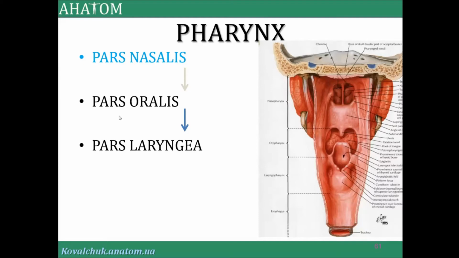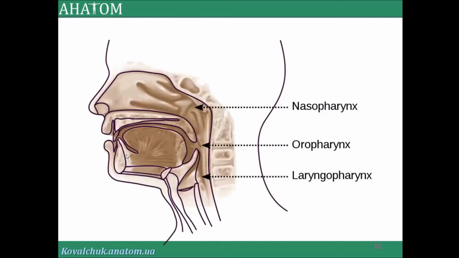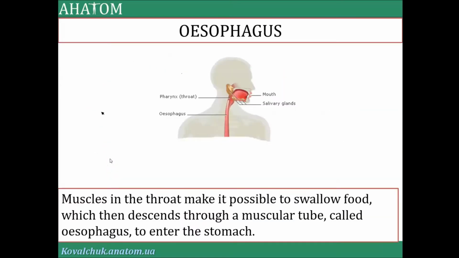And after the pharynx, food moves into the esophagus. Esophagus is a muscle of the throat. It is possible to swallow food, which then descends the throat as a muscular tube called the esophagus.